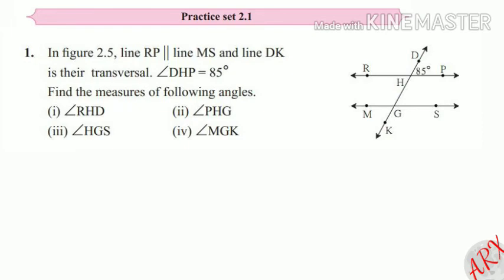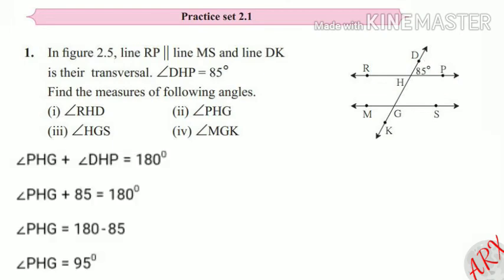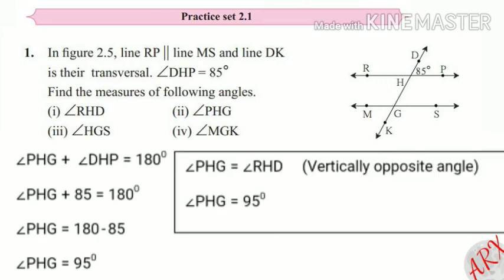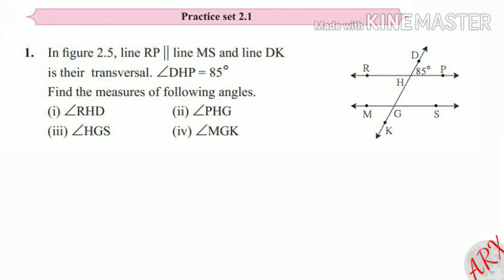Now similarly, angle DHP and angle PHG are angles in a linear pair. So after simplification we will get angle PHG equal to 95 degrees. We can also say angle RHD and angle PHG are congruent because they are vertically opposite angles. Now third, angle HGS.